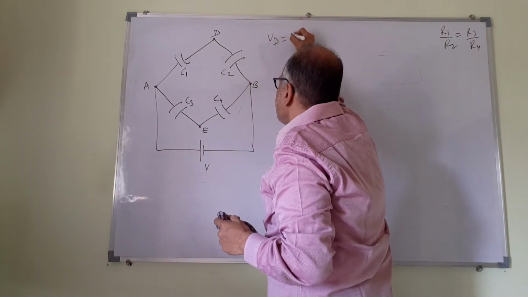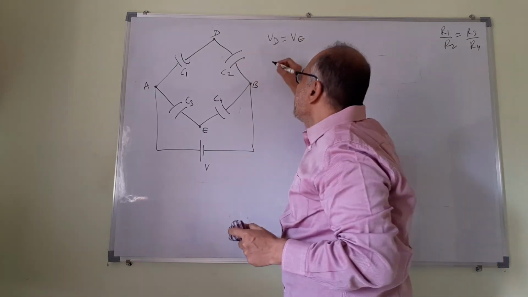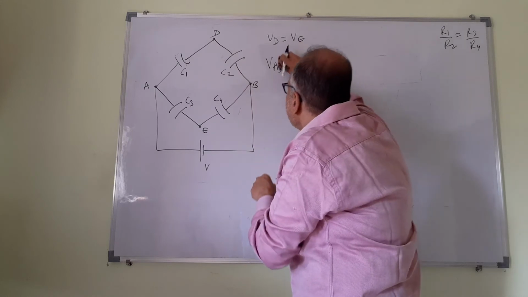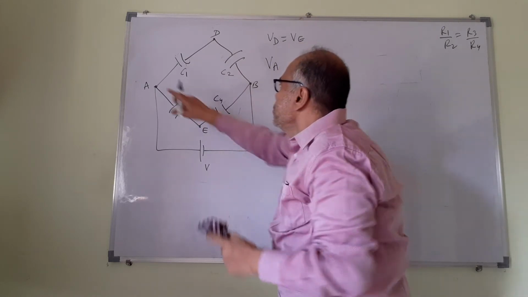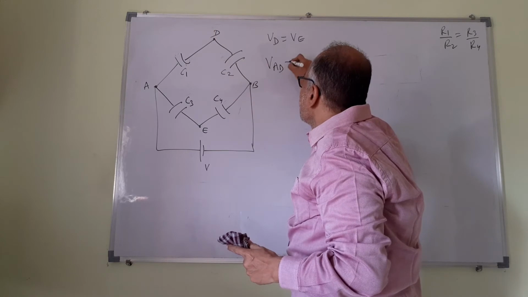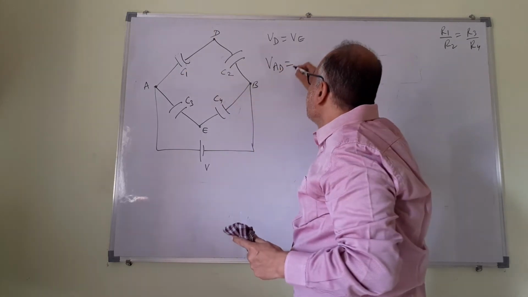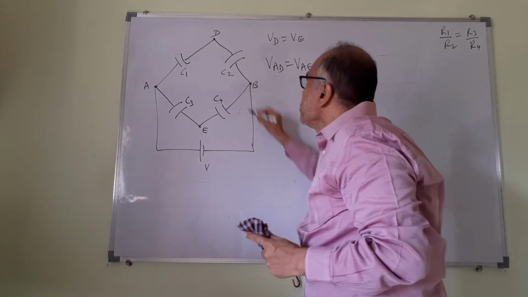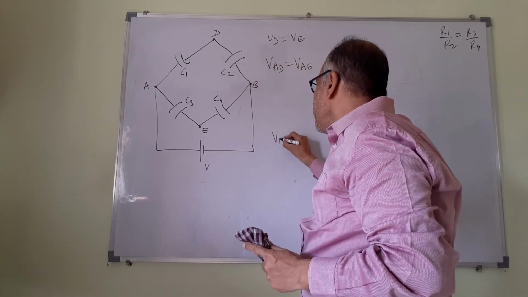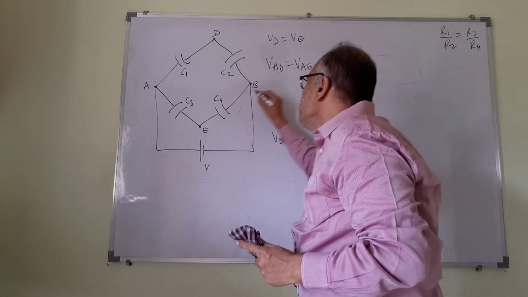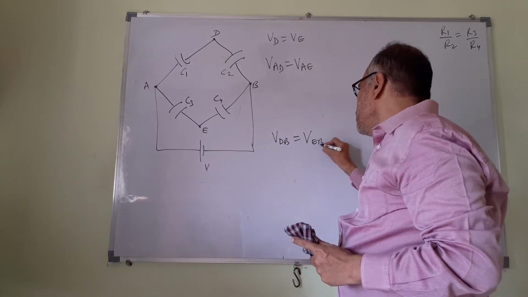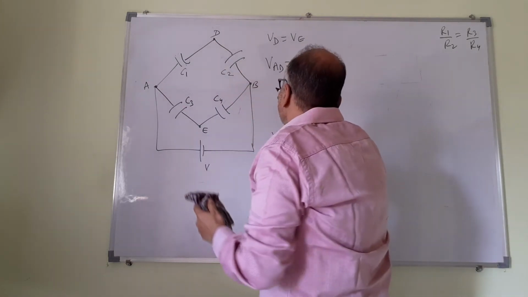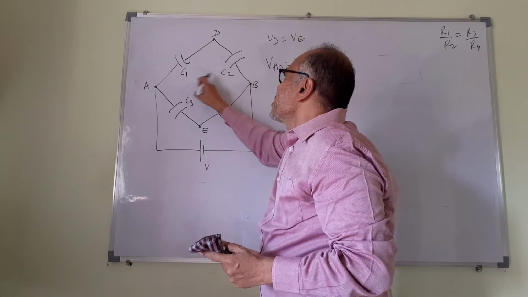So VD is equal to VE. Same logic. Now VAD equals VAE, and I can also say VDB equals VEB. VAD, the voltage across that will be in the inverse ratio of these two capacitances.